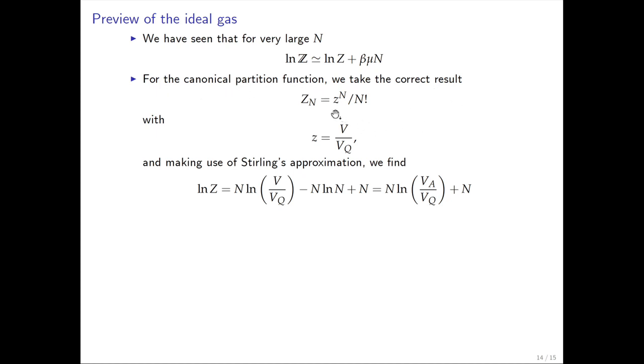That is, for capital N particles, we have z to the power N divided by N factorial, so we take account of the fact that particles are indistinguishable.